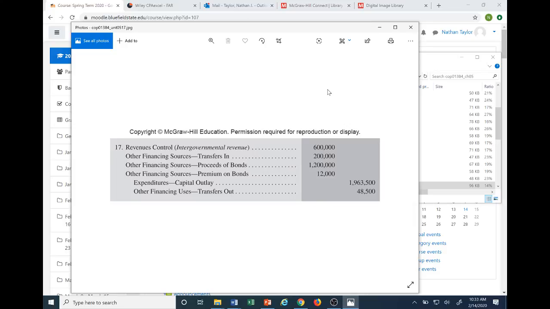So main thing with the capital projects fund, what type of accounting does it operate under? Modified accrual basis, right. Does the capital projects fund recognize encumbrance accounting? Yes.